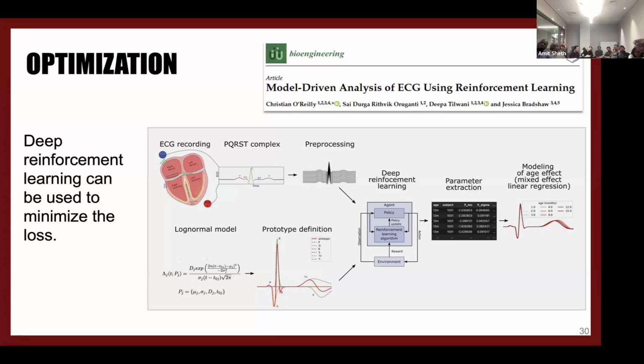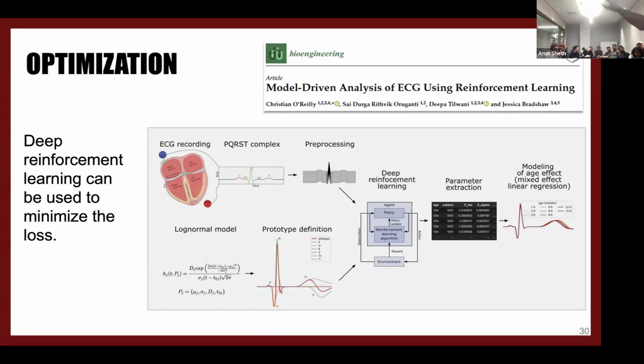Then I can use deep reinforcement learning, for example, in that case, where I have a system that tries to, so it observes the data, it observes the current fit of the model and the error, and it tries an action. An action would be to modify a bit, to go in one or the other direction of that parameter space. Depending on that action, it will observe its environment and see what the error is. So the inverse of the error will be its reward.